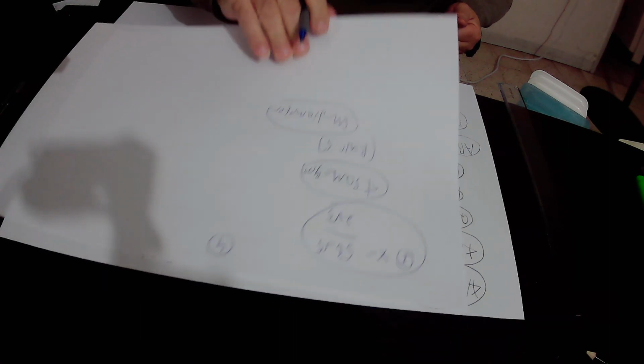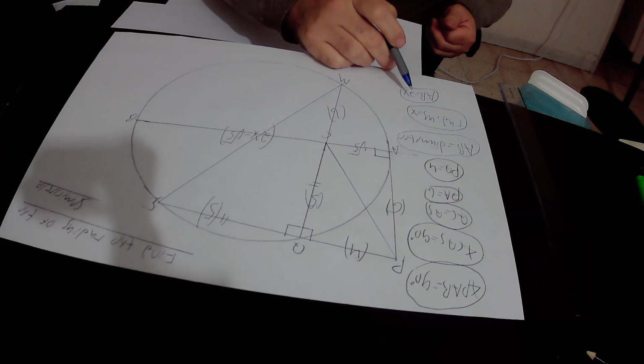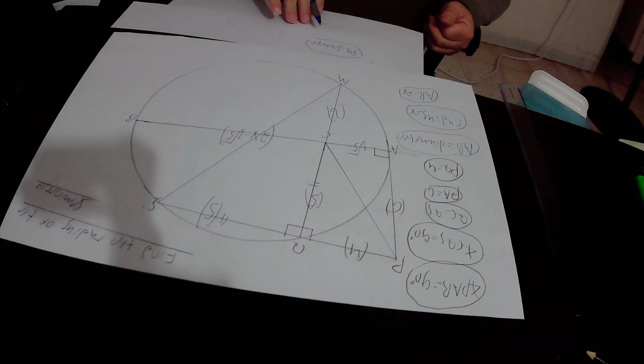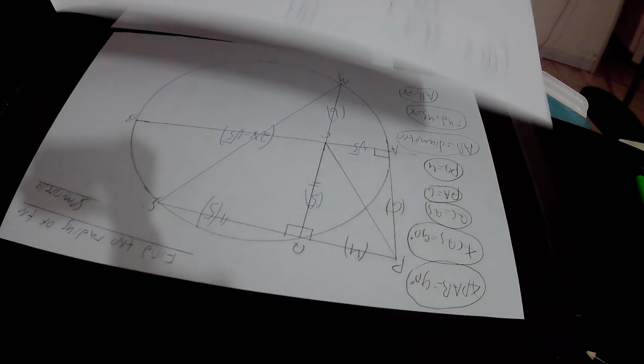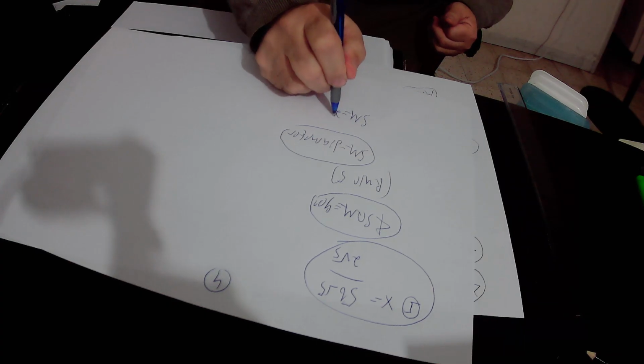But we know that the radius of the circle equals x according to our definition, therefore the diameter SM must be equal to 2x. So I write it down. The diameter SM of the circle must be equal to 2x.